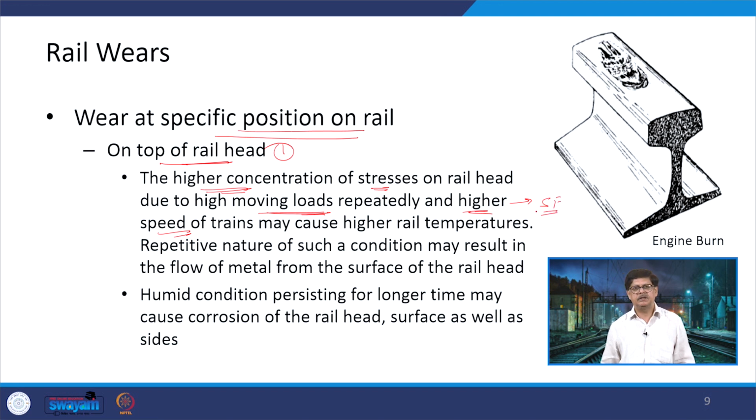I have been talking about this whenever the speed effect is being discussed in our lectures. So, because of this augmentation at higher speeds, whatever loads are coming, those loads which are static in nature will transform into dynamic loads and will cause higher impact.